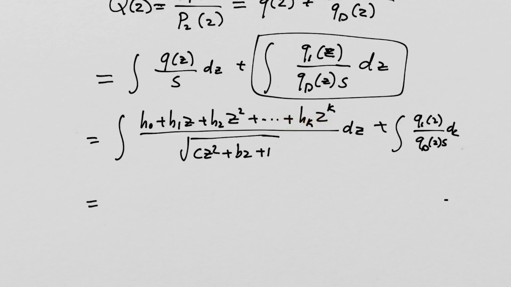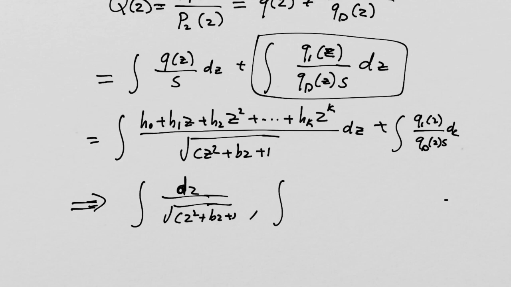So clearly, this is going to require that we are able to integrate 1 over the radical of CZ squared plus BZ plus A dz. We need to be able to do that. We need to integrate Z over the square root of CZ squared plus BZ plus A, Z dz.